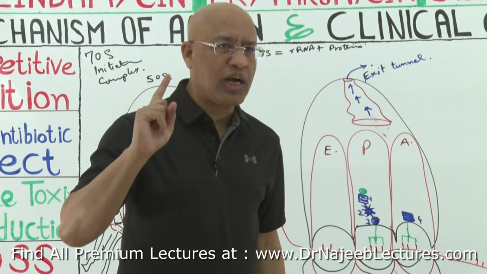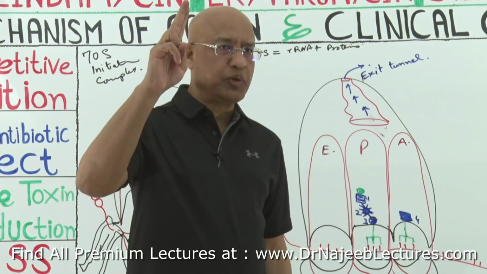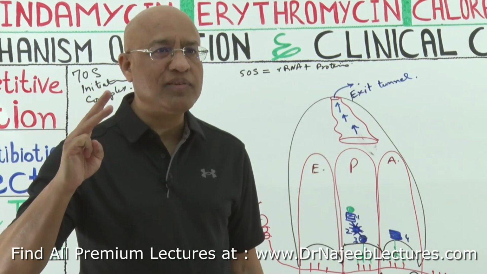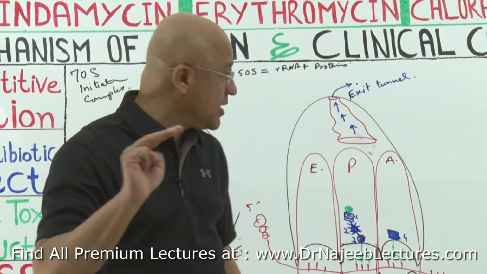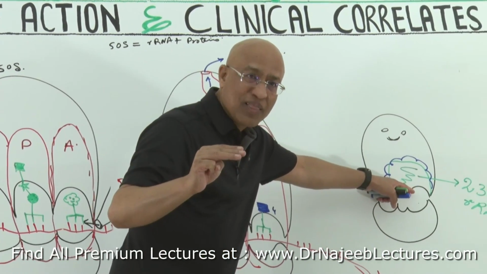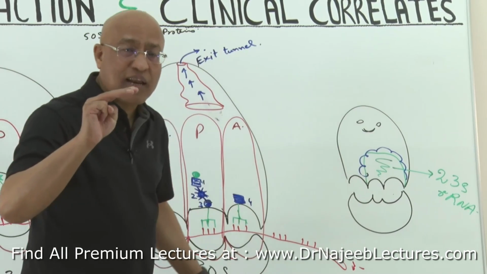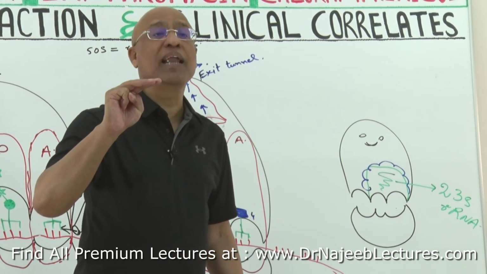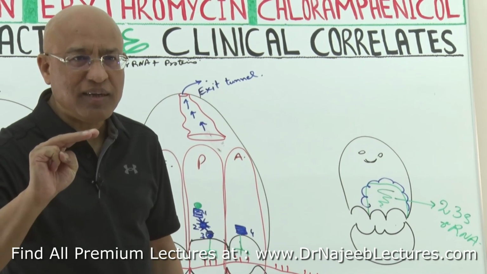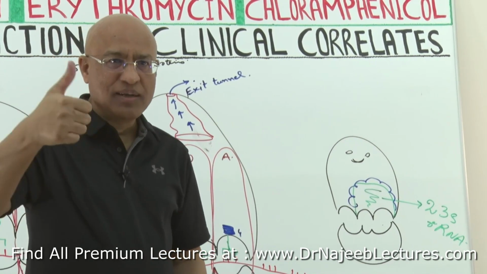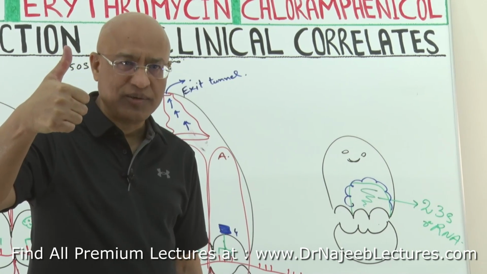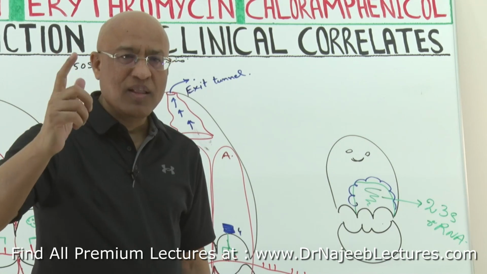If you are a little sharper, you will say the 50S subunit of the ribosome. If one of you is more brilliant, he will say within the 50S unit, in its lower portion, there is a ribosomal RNA, 23S.